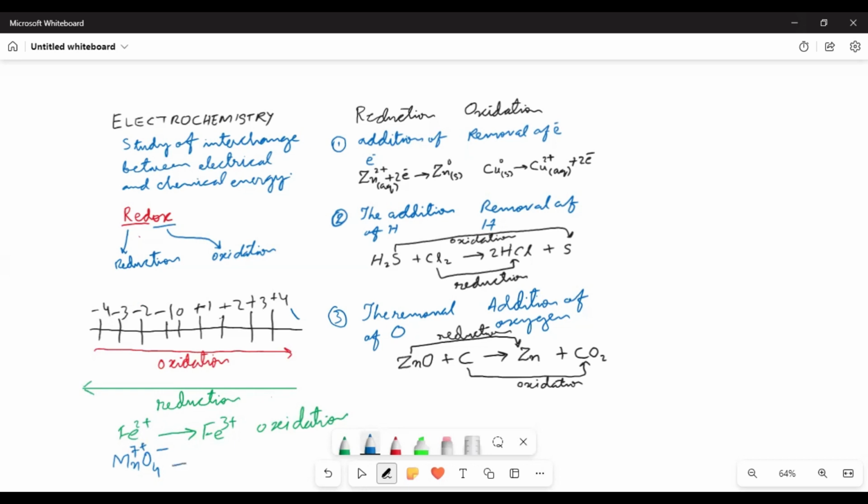We will discuss how to find the oxidation number in the next slide. So it is converted into Mn2 plus. So what is this? This is reduction. So this is the reduction process.